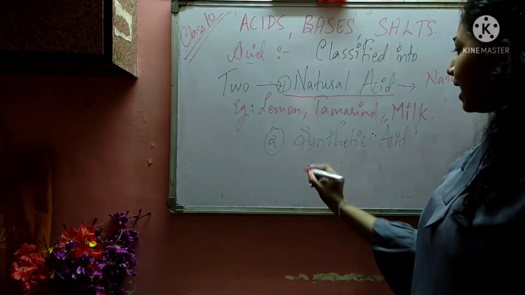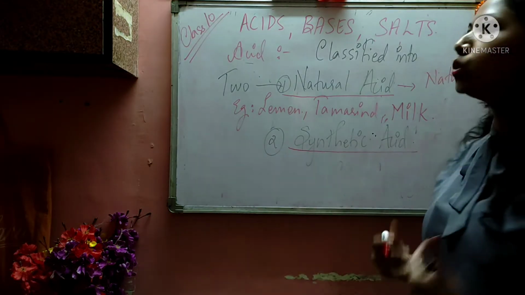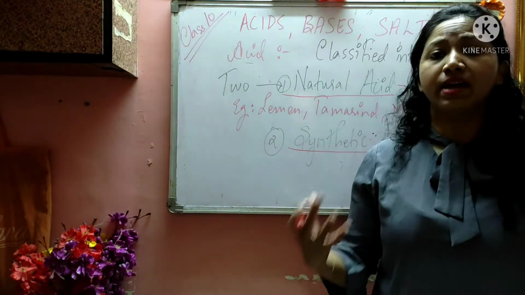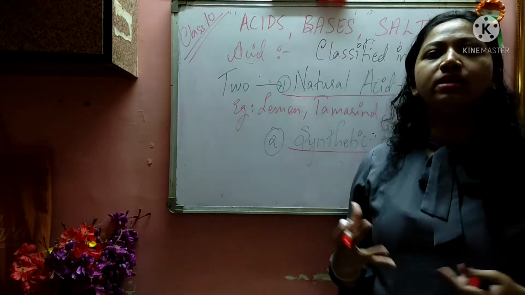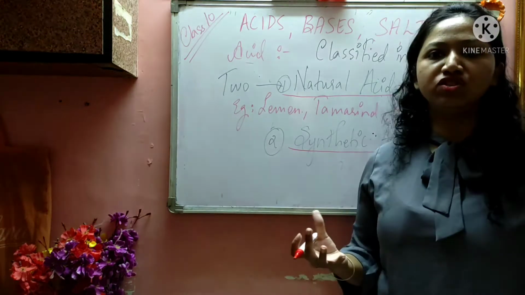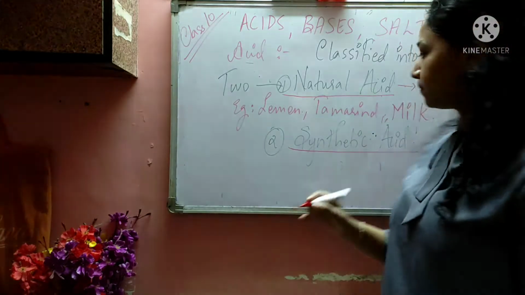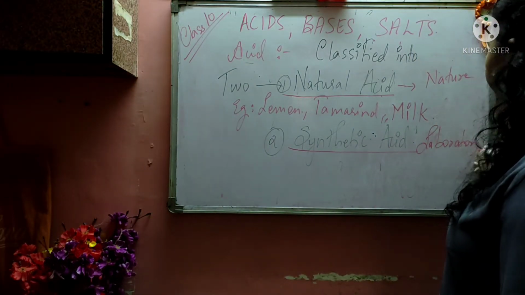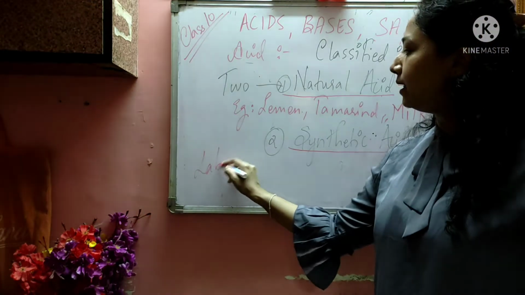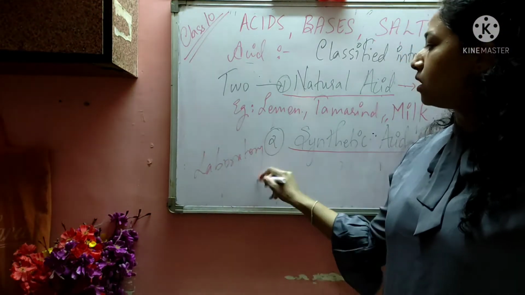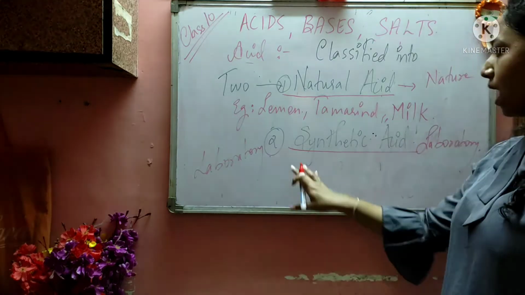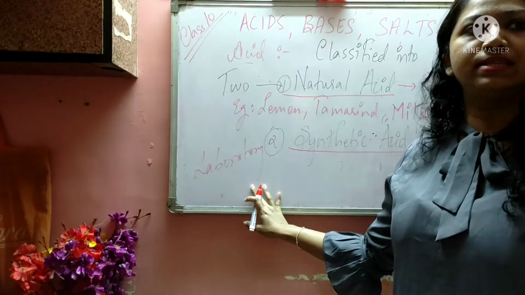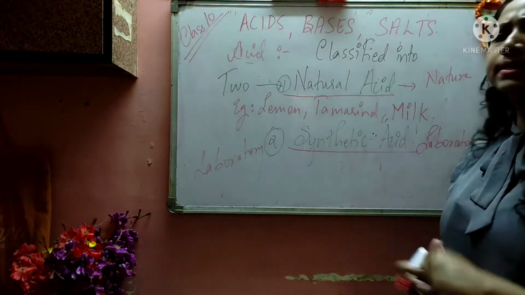Then what is synthetic acid? It also goes by name: the one which is made by man, or prepared in laboratories. The one which is prepared in a laboratory is called synthetic acid.